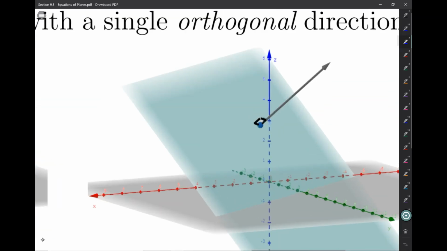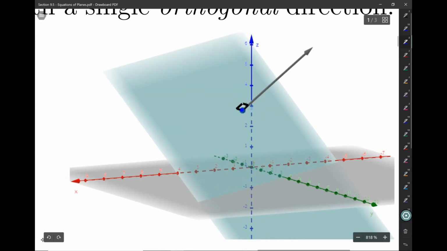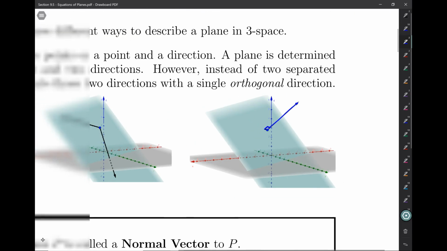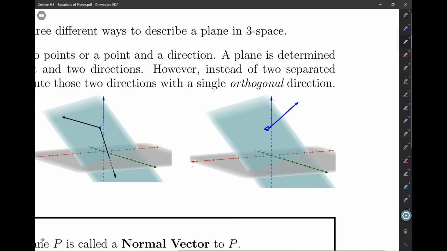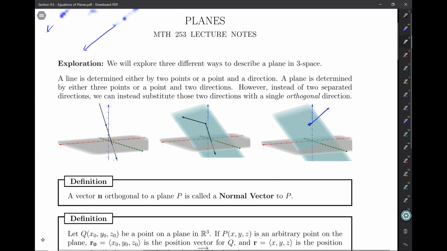So if we have a single point, and then we find an orthogonal direction to the plane, then we can express this plane in terms of just these 2 quantities. Because this takes the least amount of information, having a point and a single direction, we're going to be dealing with this particular way of expressing a plane.